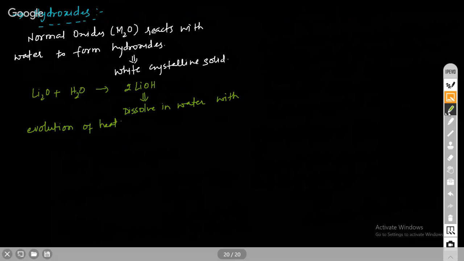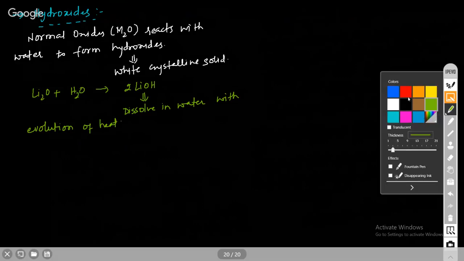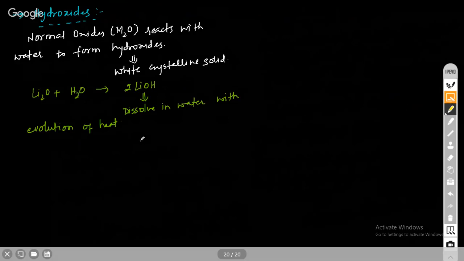Another information. Now the order of thermal stability of these hydroxides. You know what is thermal stability? Thermal stands for heat, so thermal stability is the stability towards heat.